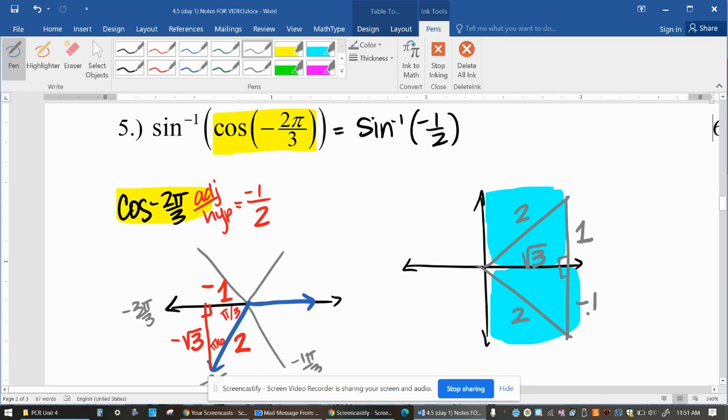So you should recognize the 1 and the 2 from a 30, 60, 90 triangle. Across from the 30 degrees is the 1. So this has to be pi over 6. Remember, pi over 6 is 30 degrees. But we want the 1 in quadrant 4. So that means we had to go down pi over 6, which would be negative pi over 6 as our answer for the angle, right? Because you had to go down.